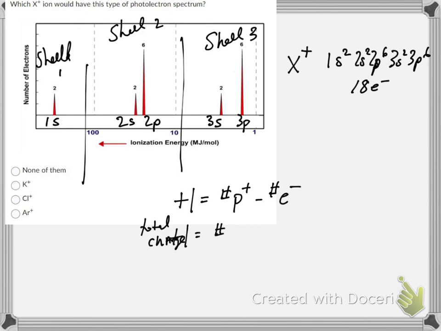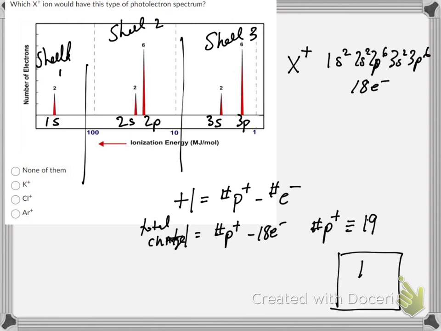We get that the plus 1 equals the number of protons minus 18 electrons. We can solve for the number of protons, and it equals 19. We look at the periodic table, that would be potassium. So potassium would be the choice. K plus would have this electronic configuration.